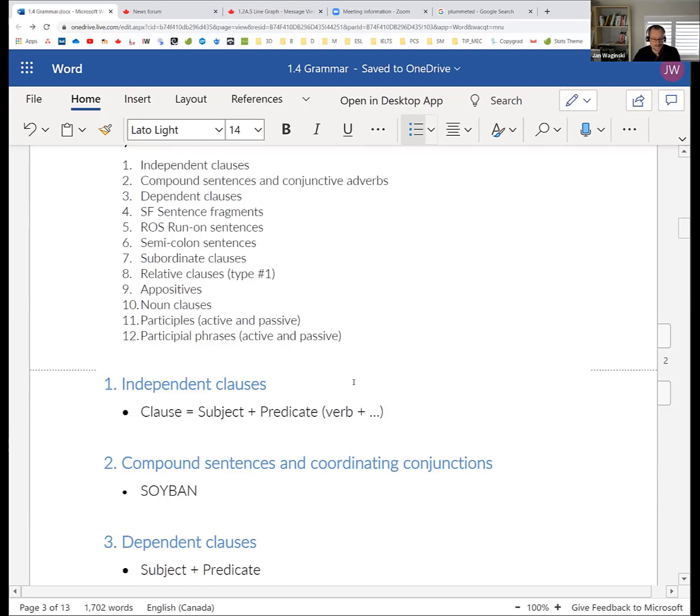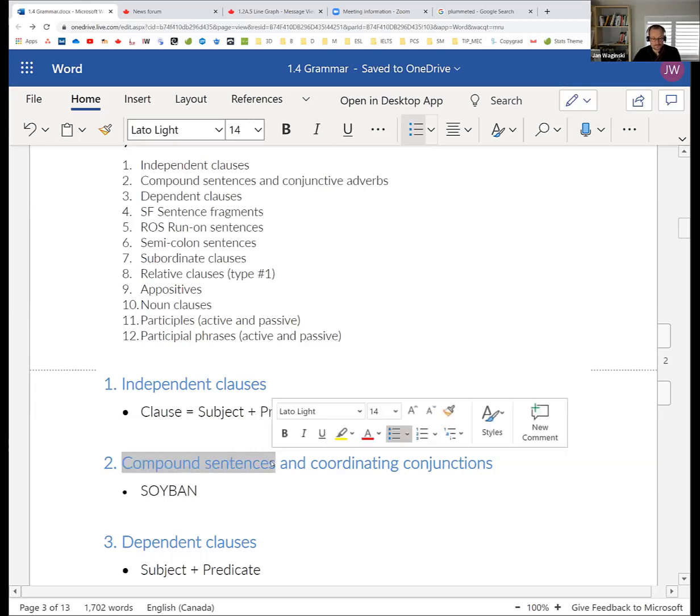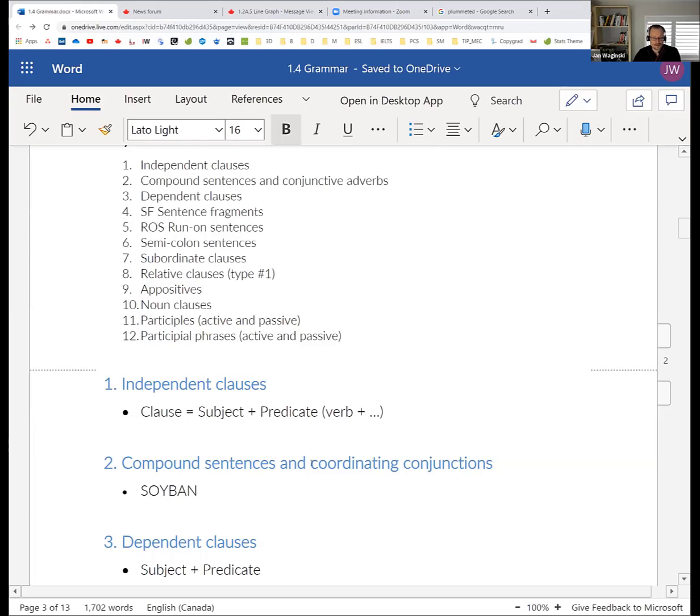So that's what a clause means. So independent clause, simple sentence, that's your most basic sentence form. Compound sentence would be like level 2. And compound sentences, you've just got one independent clause and another independent clause with a coordinating conjunction right between them.